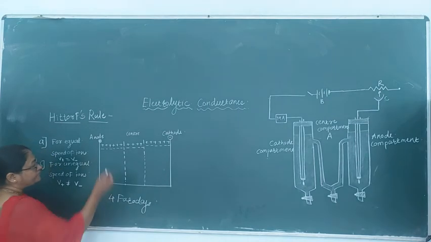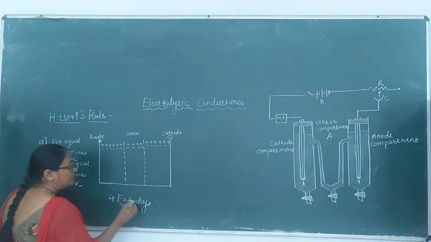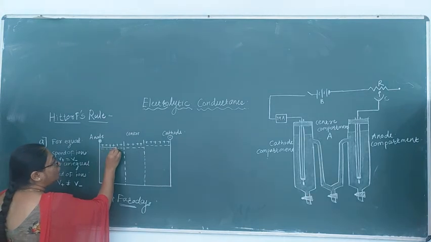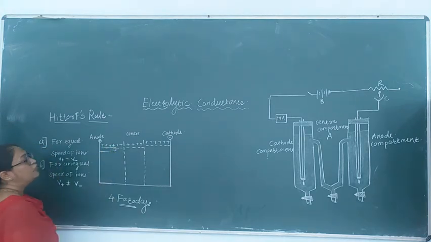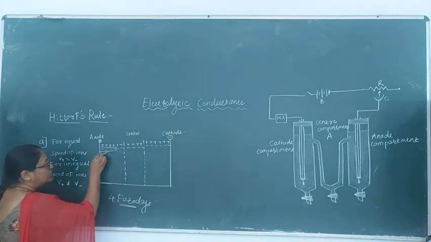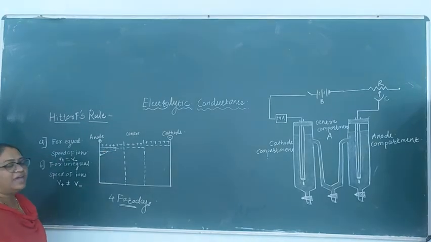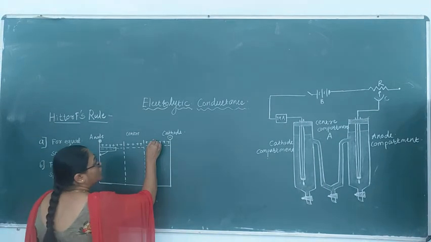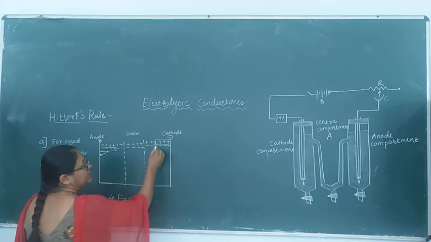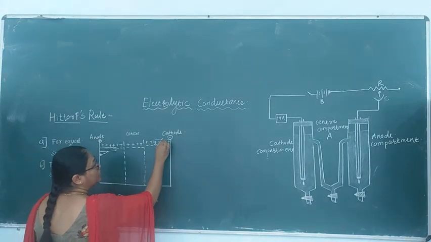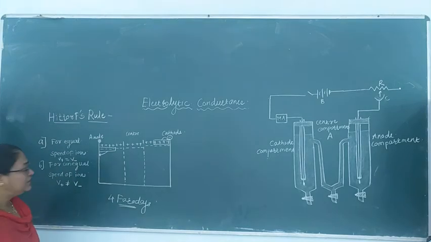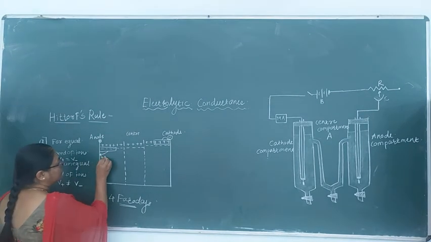Now, when you provide this much electricity, what happens? 4 anions leave their electrons and get deposited on the anode, while 4 cations take electrons from the cathode and get deposited onto the cathode. Therefore, what is remaining now?